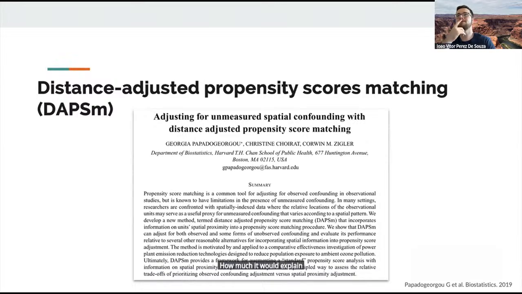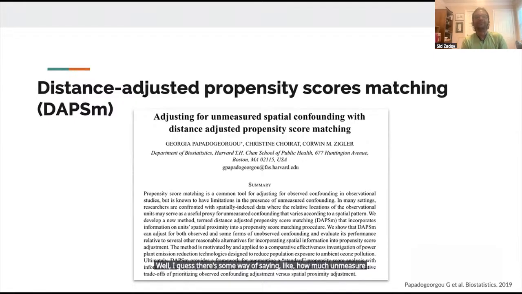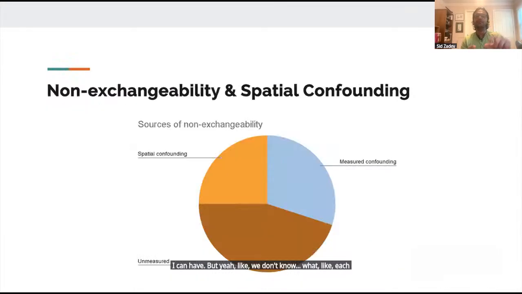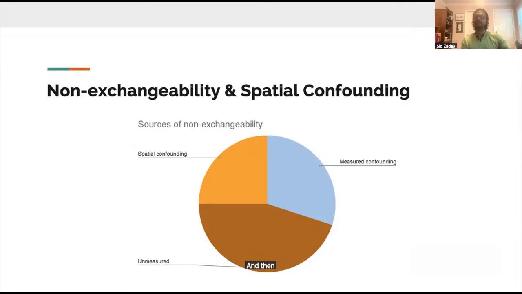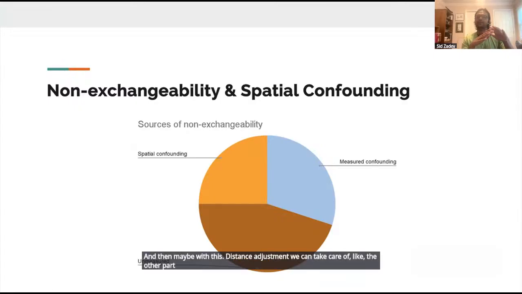There's no real way of saying how much unmeasured confounding you can have, or how big each slice of this pie is. But what we are trying to get at is that maybe our measured confounders can take care of some, and then maybe with this distance adjustment, we can take care of the other part. That's how we are trying to minimize the unmeasured confounding part.